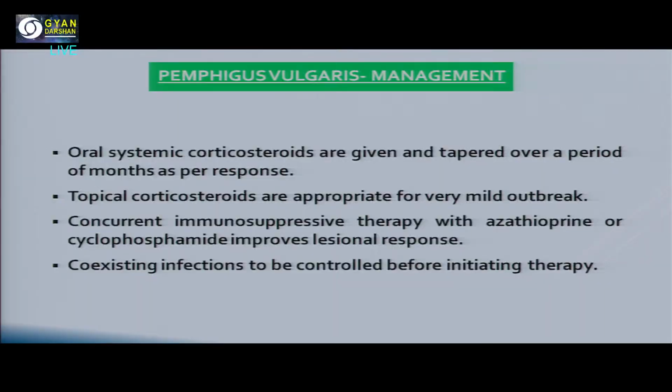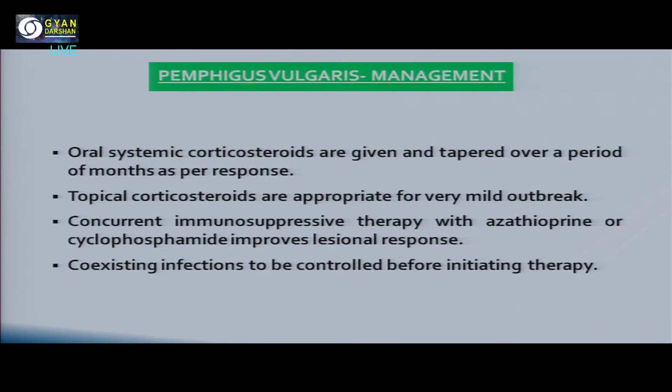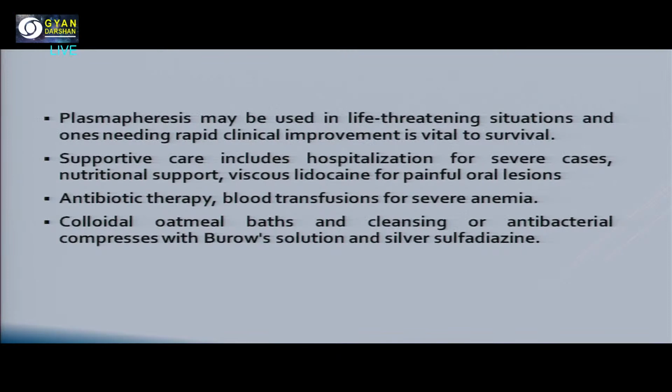Hence if we give immunosuppressive drugs to the patient, our immunity gets lowered and the body's immunity does not act against the skin, which decreases the chances of such a problem. Then, if there are coexisting infections, we need to control them with the therapy as prescribed. Another option is plasmapheresis, which means changing of the plasma. It may be used only in life-threatening situations.